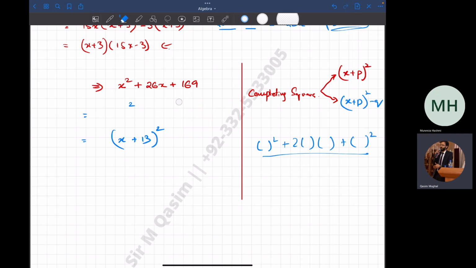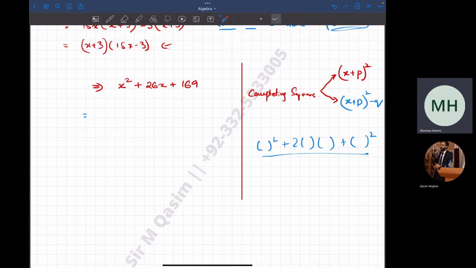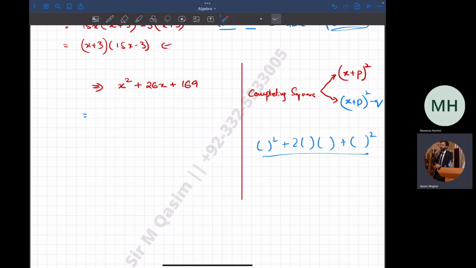But this is not how you're going to do it in an exam. In exam, you'll be using this method because you don't know what output you're going to get. Now, there is something which we'll always be doing no matter what the output is going to be. First thing you need to check, what is the sign of the middle term? In this case, it's plus.